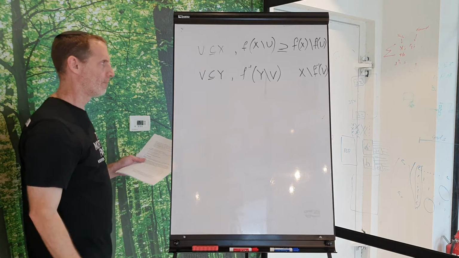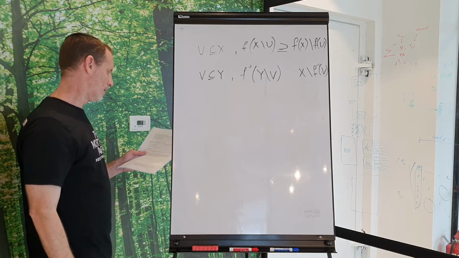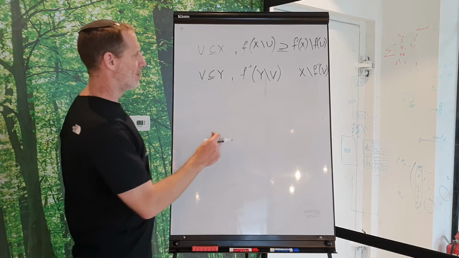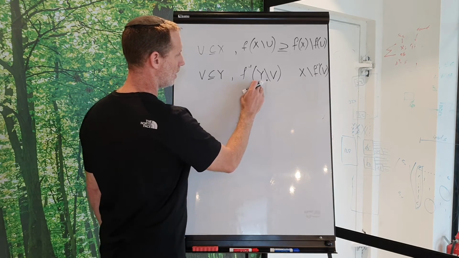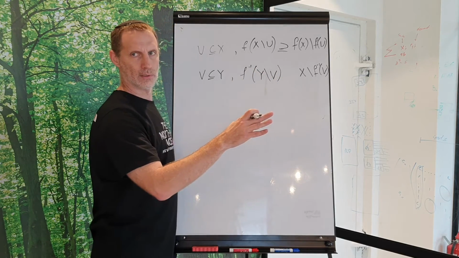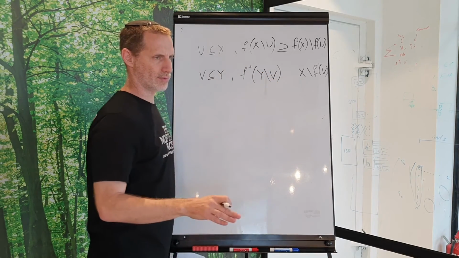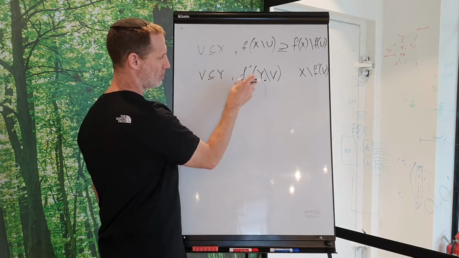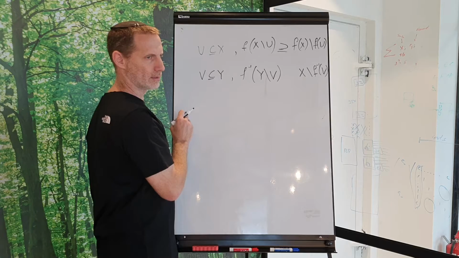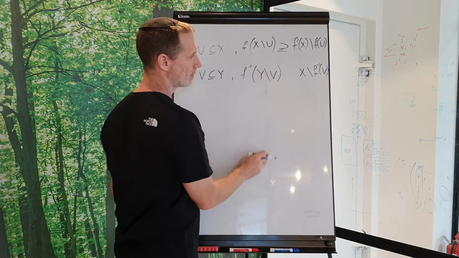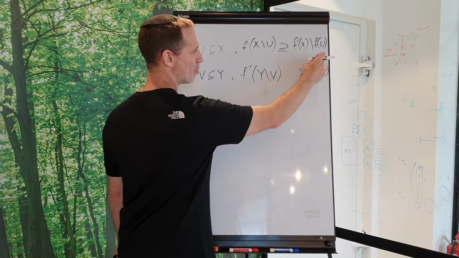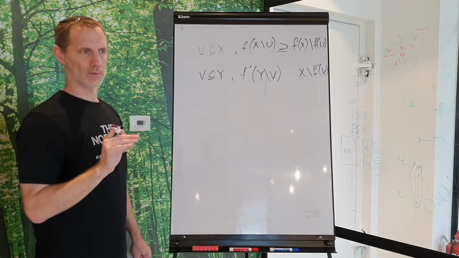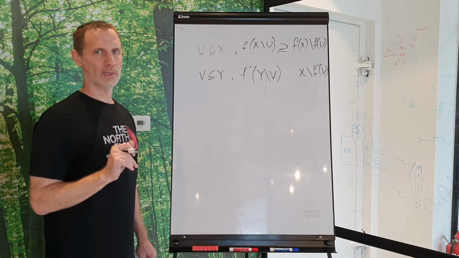So what can I say here? We go to the y side, and we take off a set v, and then we map it back, we look at the pre-image of the remaining points in x. Here, we take x, and we take the pre-image of v, and remove it from x. Here it's equal.